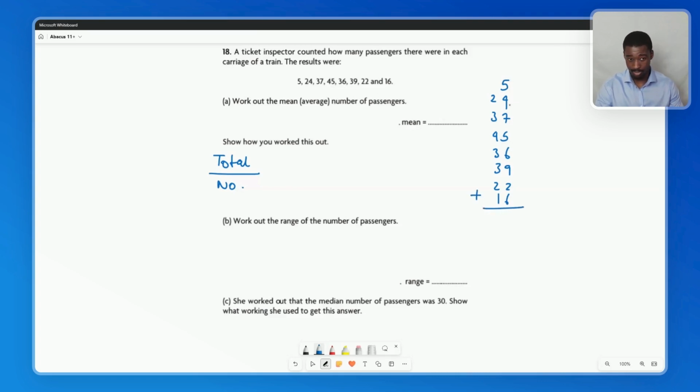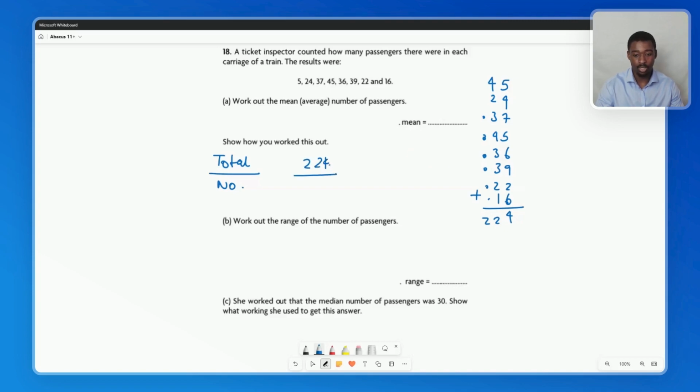So 5 plus 4 is 9, plus 7 is 16, plus 5 is 21, 21 plus 6 is 27, plus 9 is 36, plus 2 is 38, plus 6 is 44. And then 6, 9, 13, 16, 19, 21, 22. So 224 is our total.